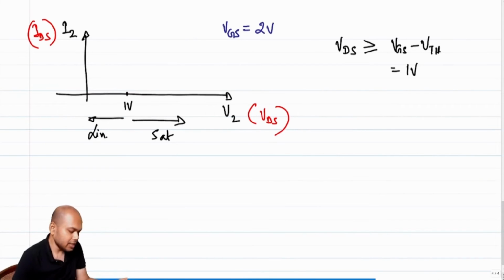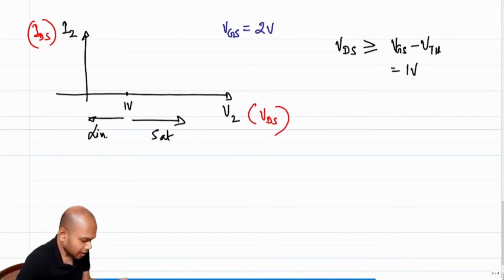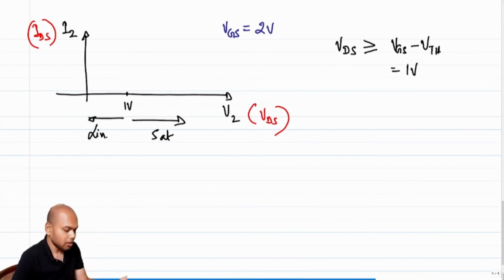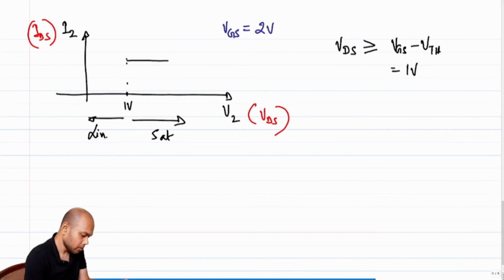Which plot is easy to draw? Clearly the saturation region plot, because in saturation region my current doesn't depend on VDS. Since my current doesn't depend on VDS, this is essentially a straight line. Let me call this ID set for VGS equal to 2 volt.